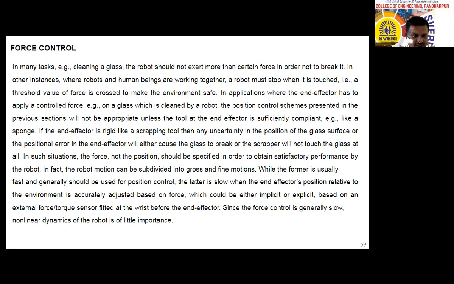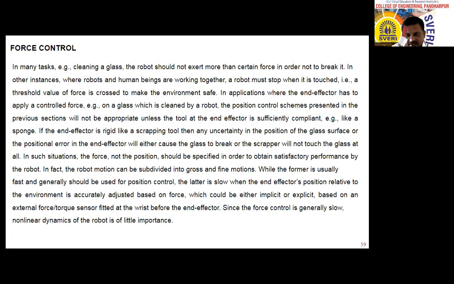In other instances where robots and human beings are working together, a robot must stop when it is touched, that is, when a threshold value of force is crossed, to make the environment safe.